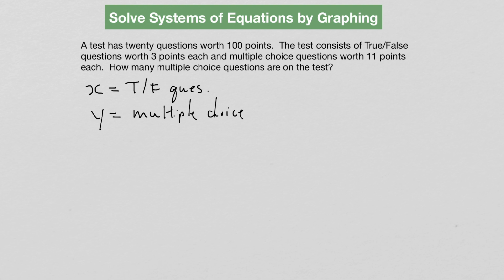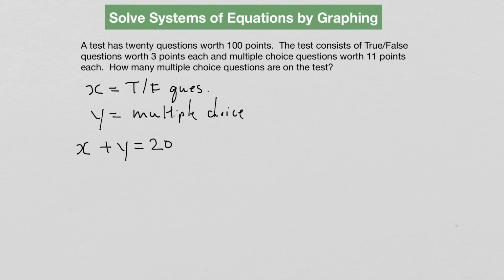Now that we've set up the variables, we can now set up two different equations. First, we know that the number of true-false questions plus the number of multiple choice questions is equal to 20. Remember, it says that there are 20 questions. So we know number of true-false plus the number of multiple choice has to be 20.